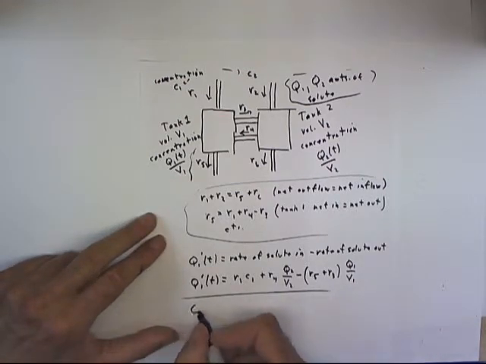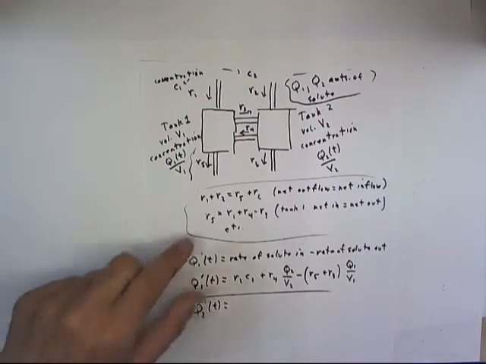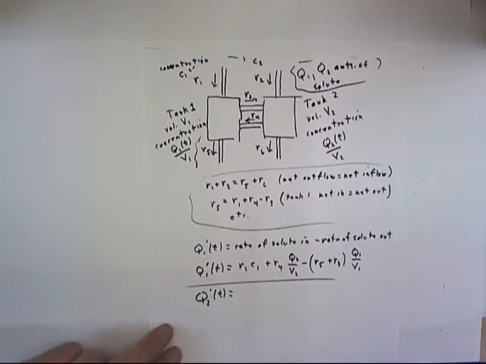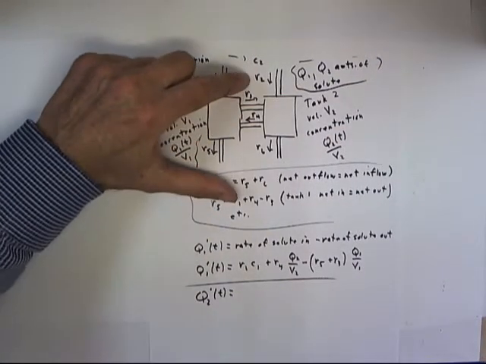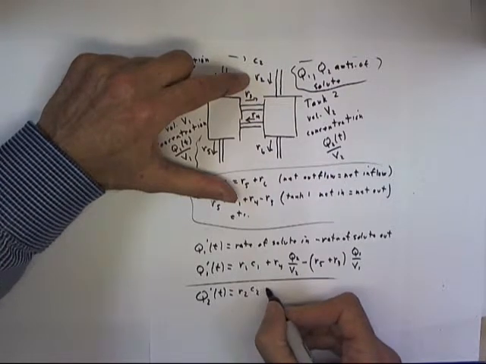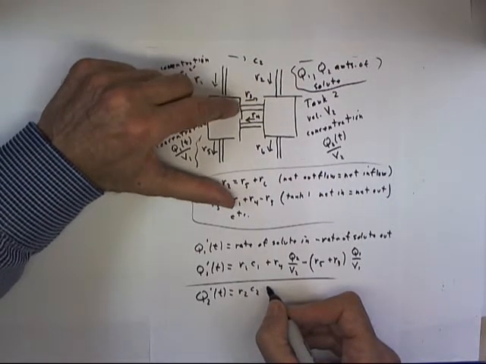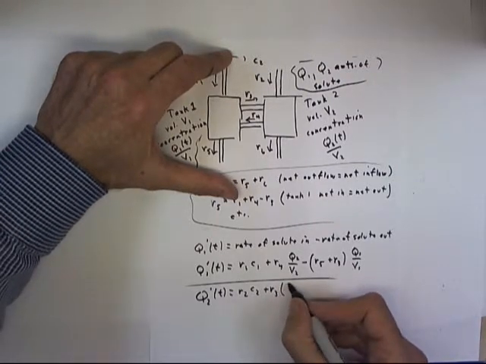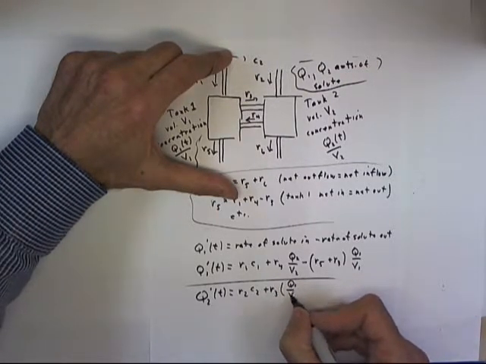Similarly, Q2 prime of T will be the rate at which solute is coming into tank 2 minus the rate at which solute is going out. The rate at which solute is coming in is R2C2, and it's also coming in at rate R3 times Q1 over V1.